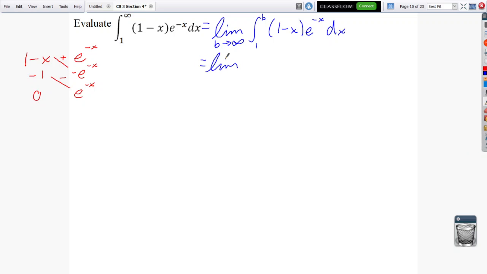We now have the limit as b approaches infinity of, looking here, I'm going to want plus, but we've got a negative, so it's going to be negative quantity 1 minus x times e to the negative x. Minus negative, so plus 1 times e to the negative x. Rocking it from 1 to b.